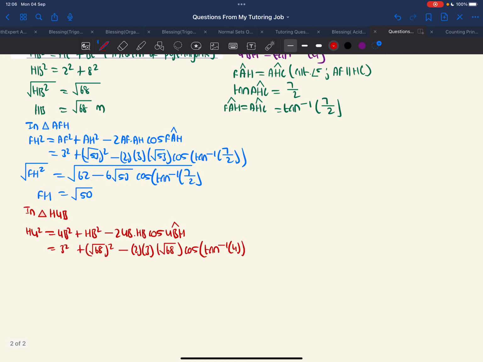Okay, so that is shift of 10 4. That means that HG squared, I can put that in a root, right?